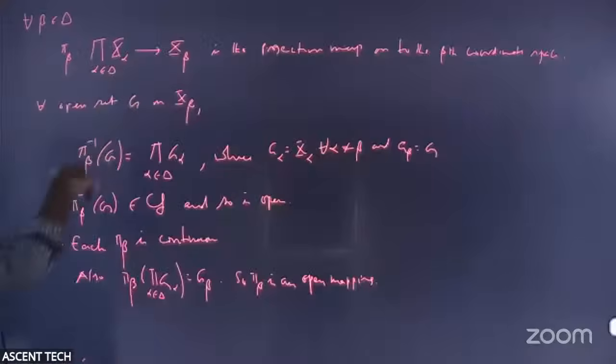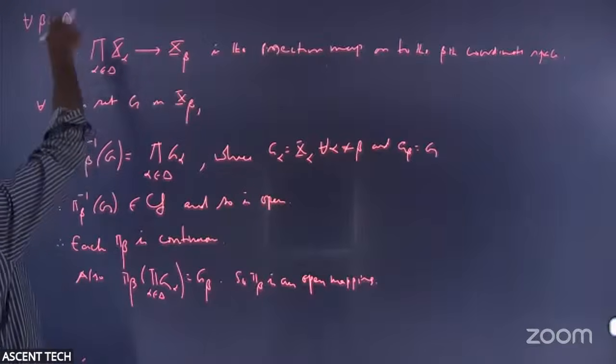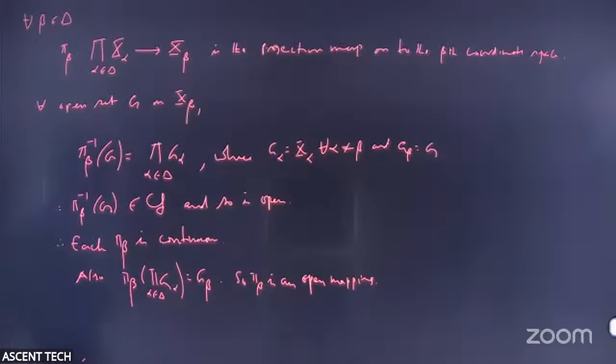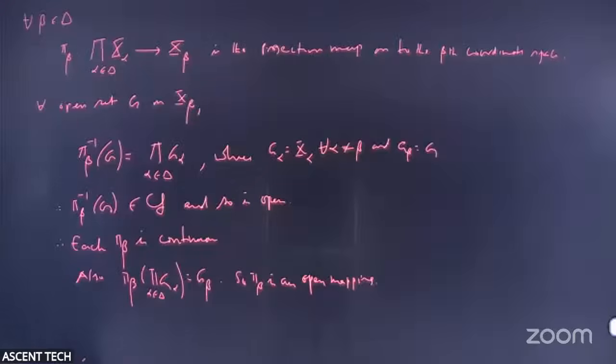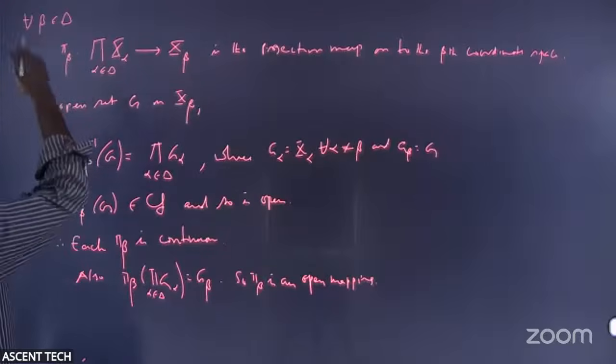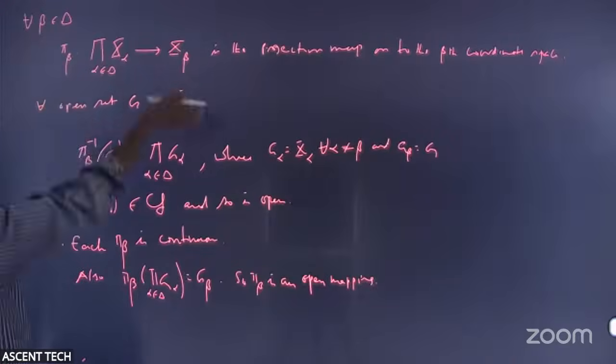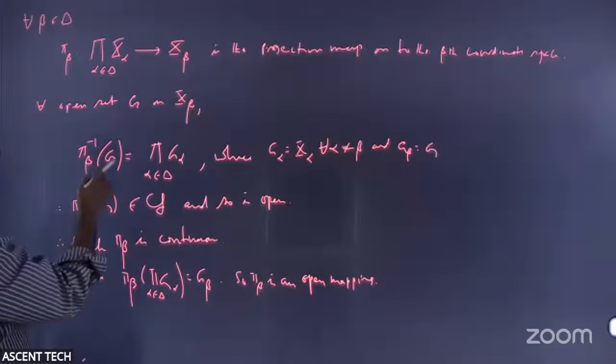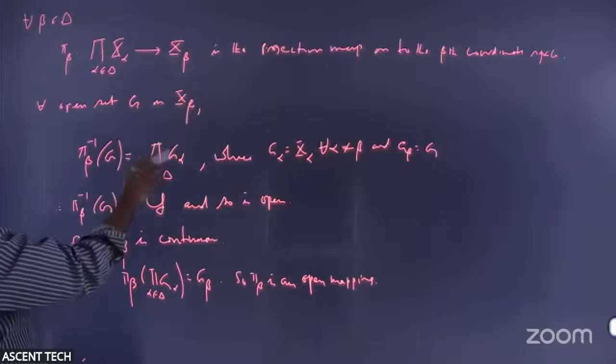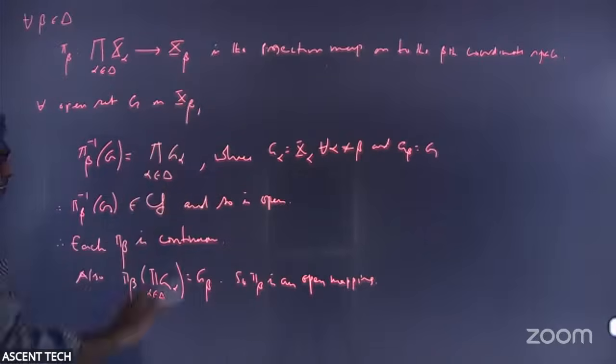When you pull back, everything is there. Only the beta component ought to be G. Yeah, it doesn't have to be 1, but yeah. Beta component of G, the rest of them are all there. Everything goes to that beta. So when you pull back, you can keep everything. That's why pi beta inverse is only the beta component is G. Everything else. Yeah.